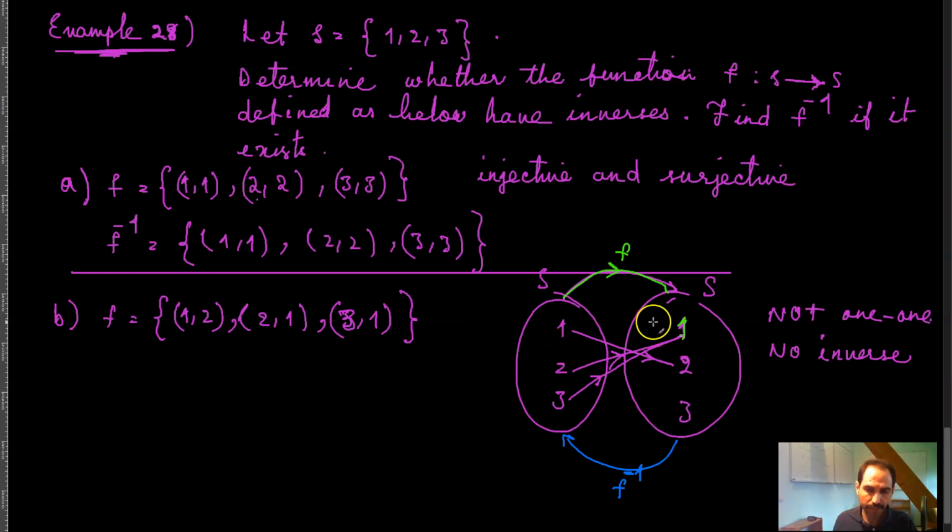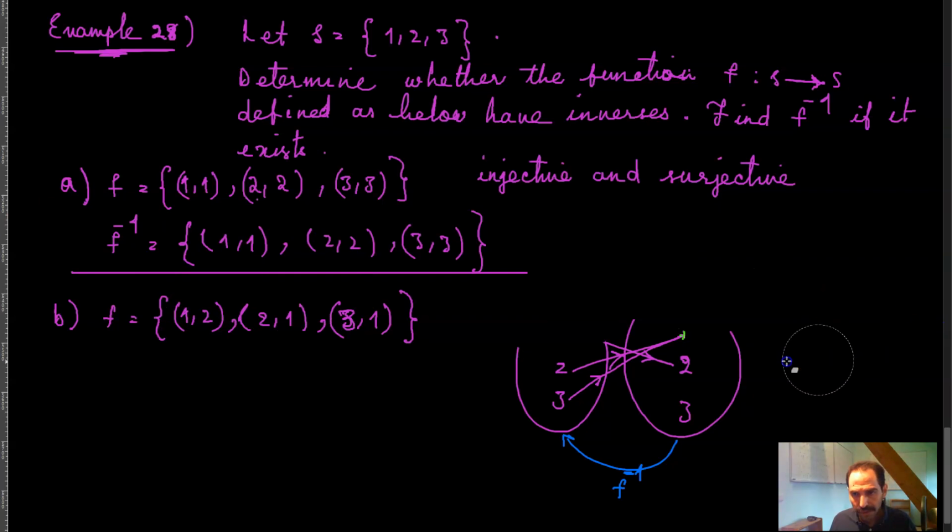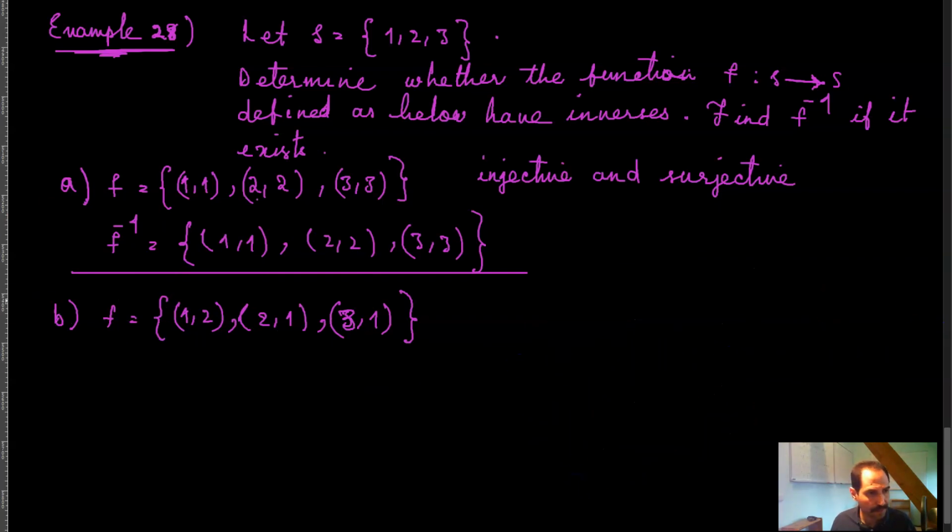The problem over here is that in the inverse function, 1 would be mapped to 2 and to 3 as well simultaneously. That creates the problem that the inverse will not be a function in the first place. So the inverse in this case does not exist. So here you have no inverse.